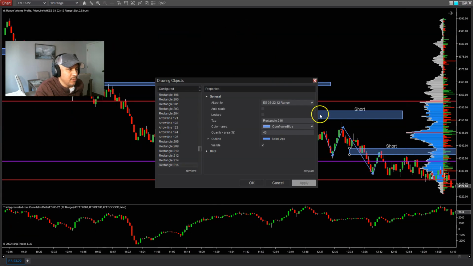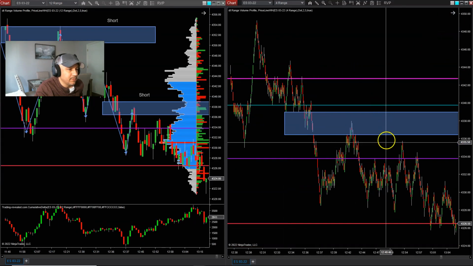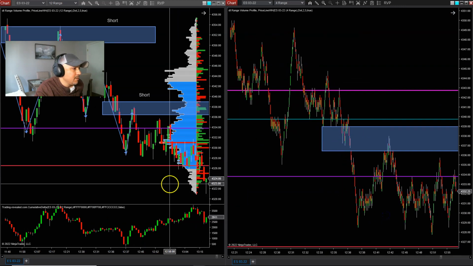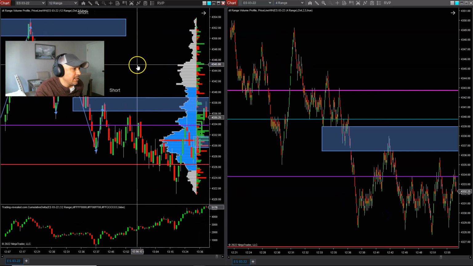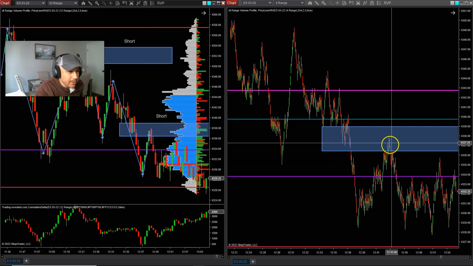I'm going to mark the zone so we can see it on the full range as well. So here it is, right here. This is on the 4 range. Let's take a look at it. Here on the 12 range, here's that area. Here it is on the 4 range.